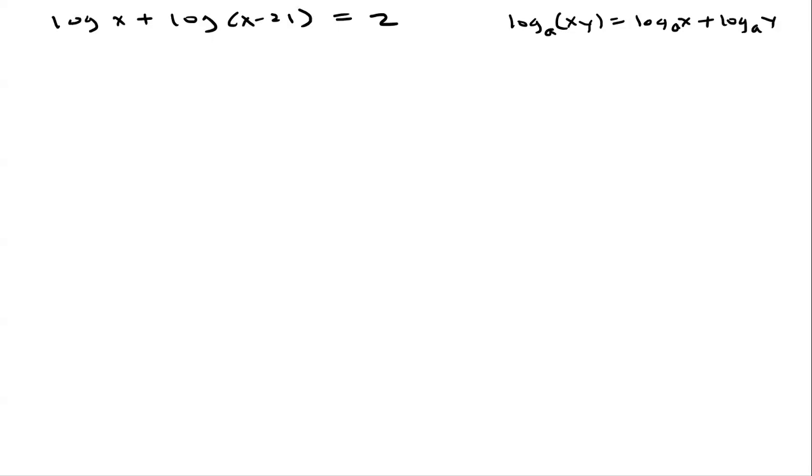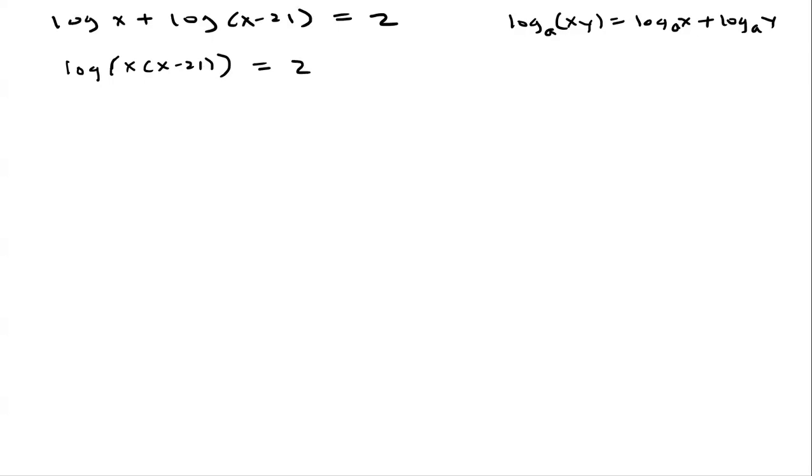Notice that the right side here matches this part here. As long as the bases are the same, we're able to apply that property. So in this case, I'm just going to combine them. I'll have log base 10, and then these two in the middle, x and x minus 21, will multiply.